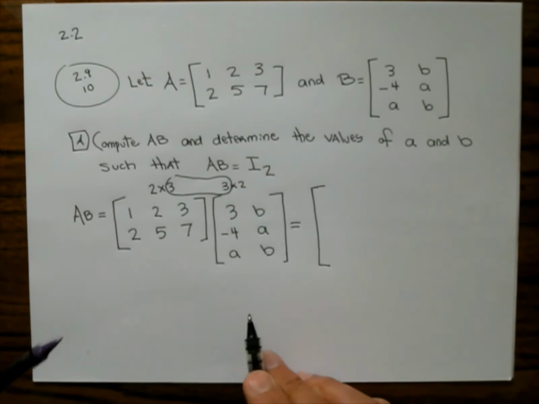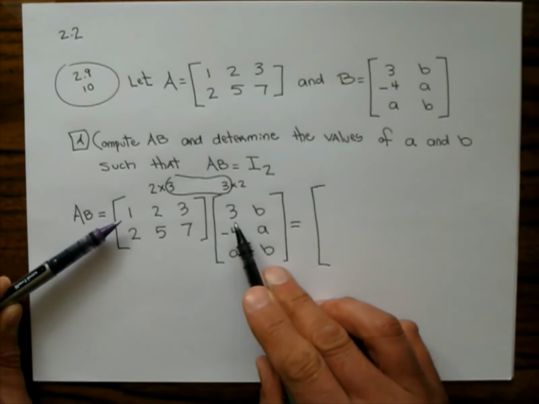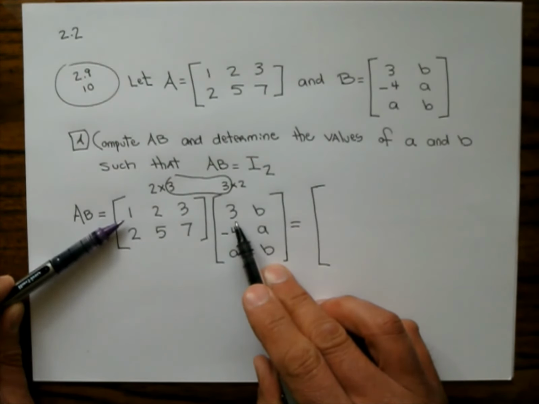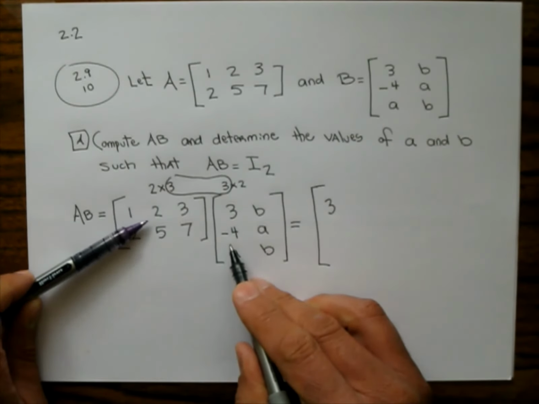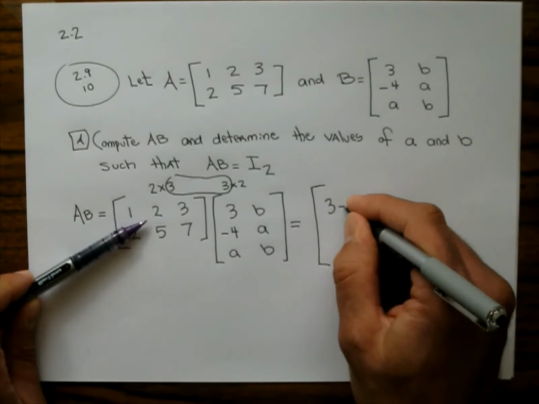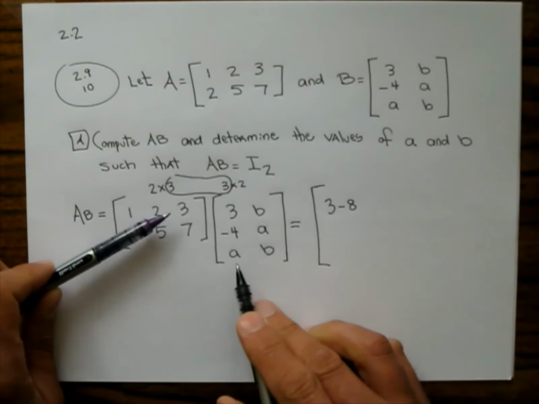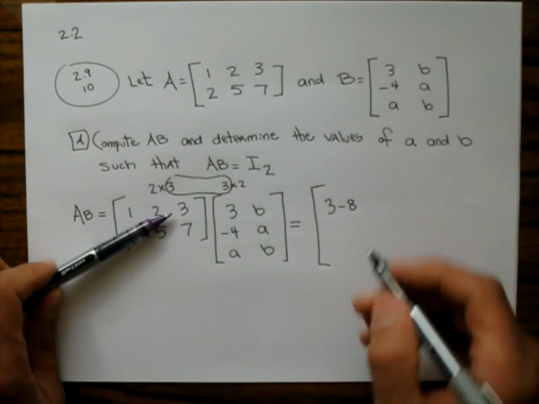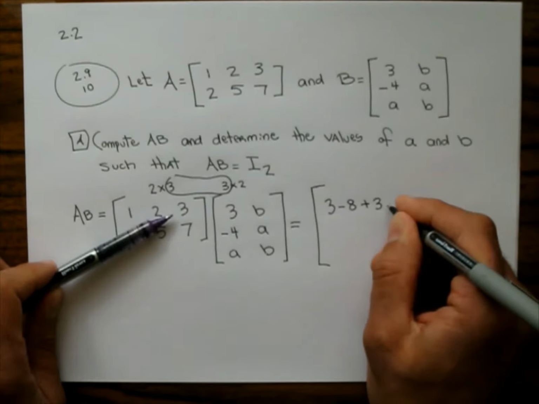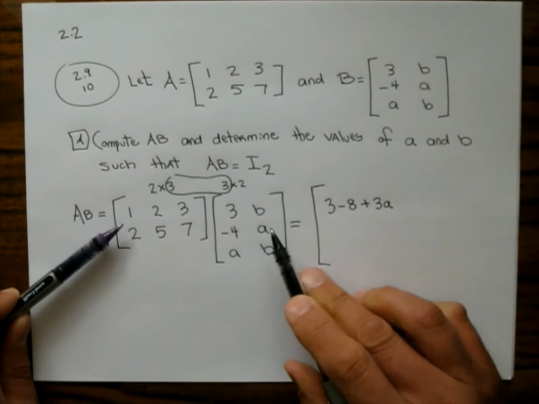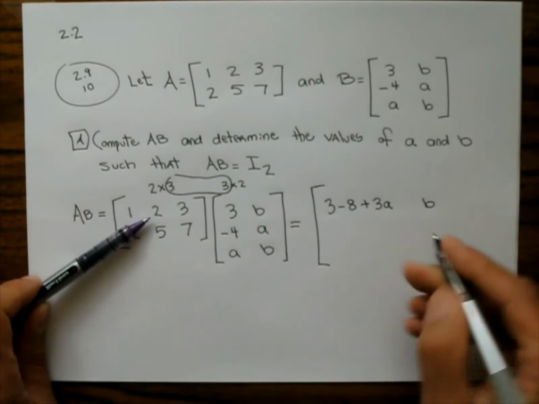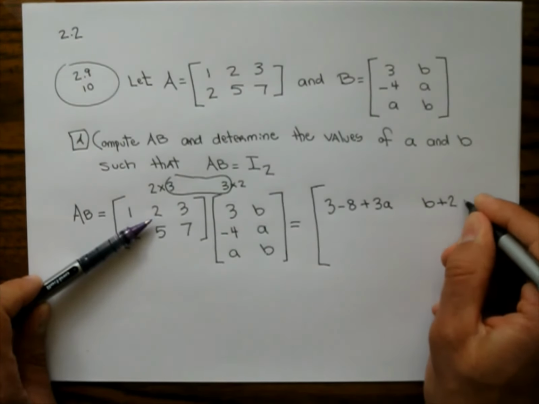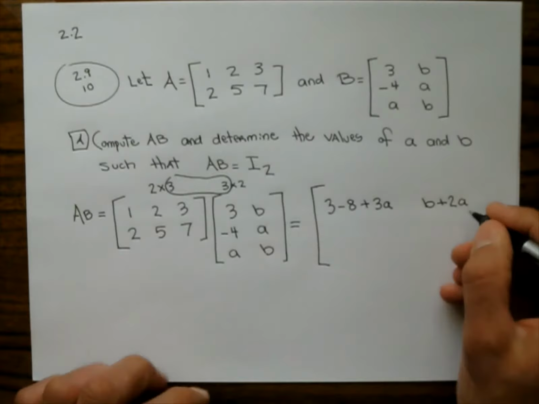The 2 by 2 matrix, we have 3. Let me just write this down. So 3 minus 8, and then this is plus 3a. The next one's going to be b plus 2a plus 3b.